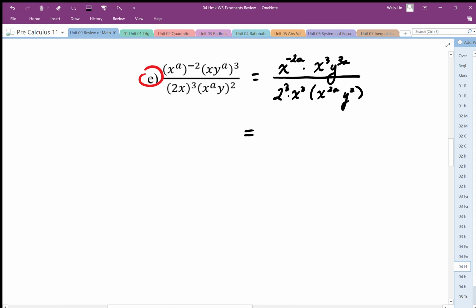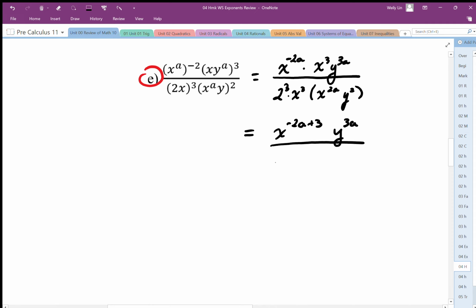I'm going to combine the exponents in the numerator. So I'm multiplying, so I'm going to count this all up. So I have negative 2a's and positive 3. So it becomes negative 2a plus 3 for the x. On the y, there's just the 3a, so I have to count the x bases different than the y bases.